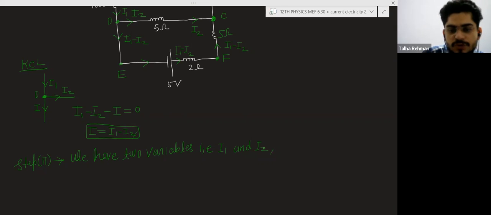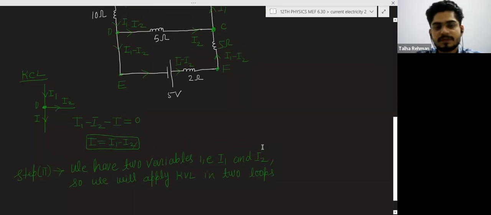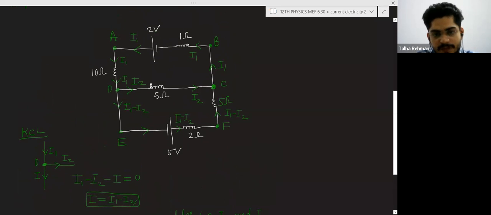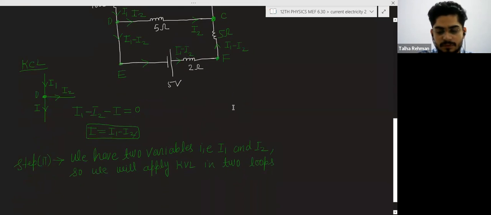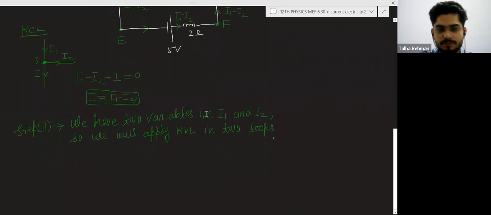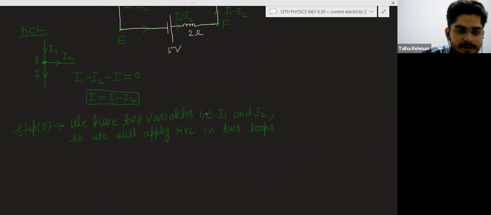So we have to choose. We will apply KVL in two loops. Loops means these closed loops. One loop is this, another loop is this. Step second.